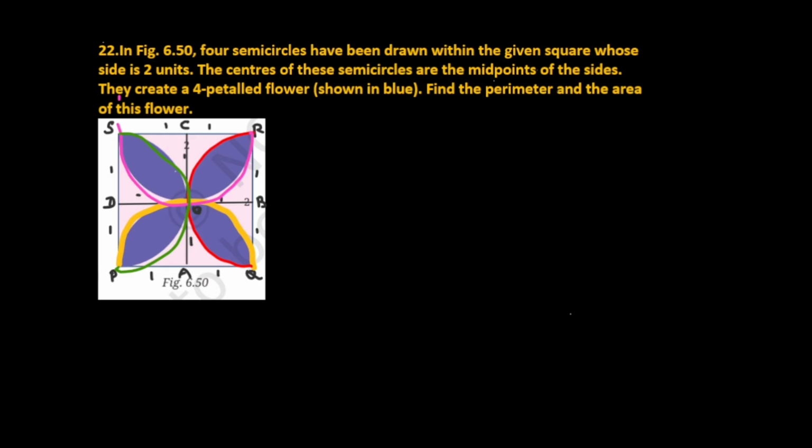If we calculate the length of this semicircle, 4 times the length of the semicircle is the perimeter of the petals. Now, the circumference of a circle, that is the arc length of the circle, is 2 pi r. So, the arc length of a semicircle is half of 2 pi r, which is nothing but pi r. Here we have four semicircles with radius 1 unit, R is equal to 1 unit, given in the question.